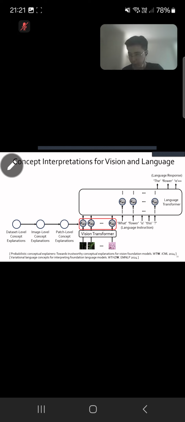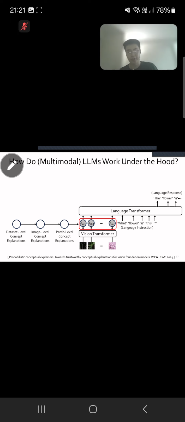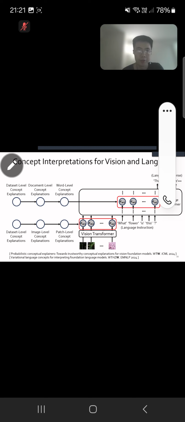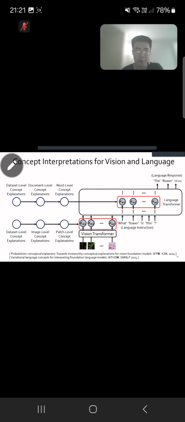Here, note that we have been talking about the explanation of the vision transformer only, but similar techniques can actually be used to interpret the language transformer as well. Only the meaning of the different levels would change. For example, the image level would become the document level or question level.